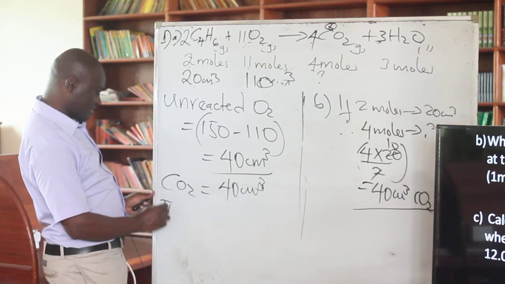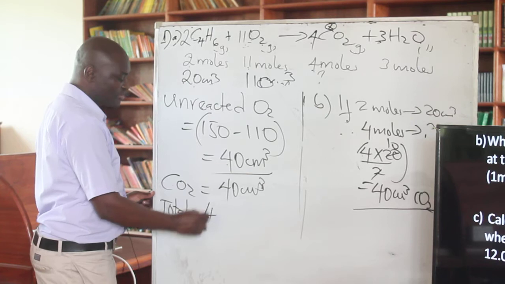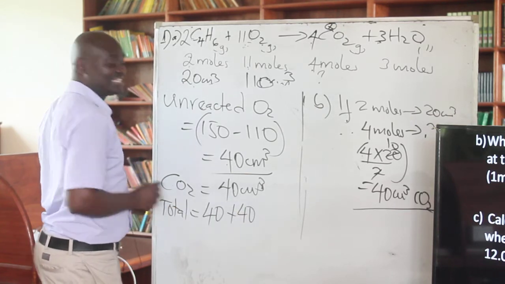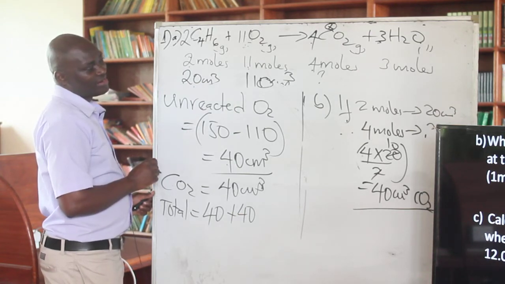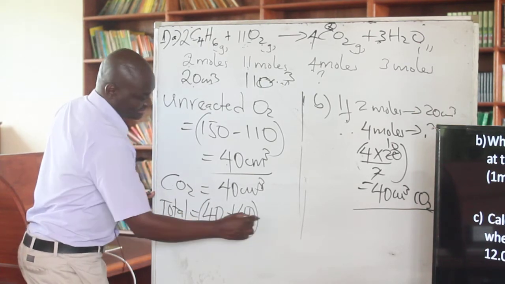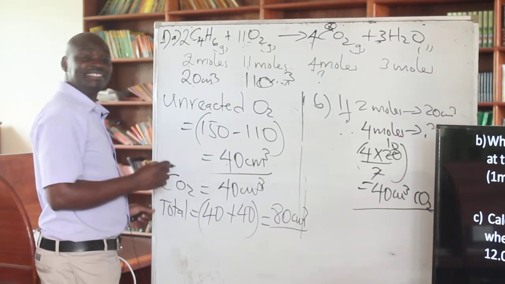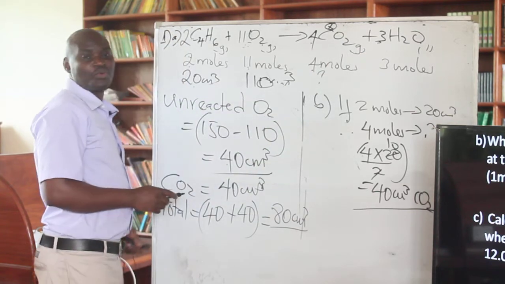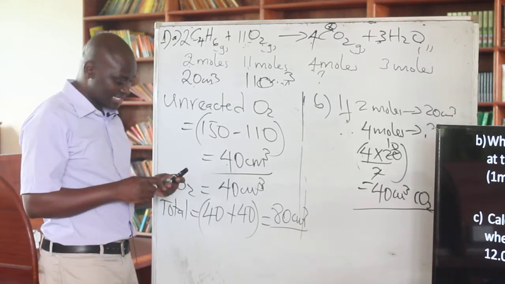So the total will be 40 centimeters cubed unreacted oxygen plus 40 centimeters cubed of the CO2 produced. So the total of the gases at the end will be 80 centimeters cubed. We don't consider water because water, being a liquid, occupies 0 centimeters cubed.